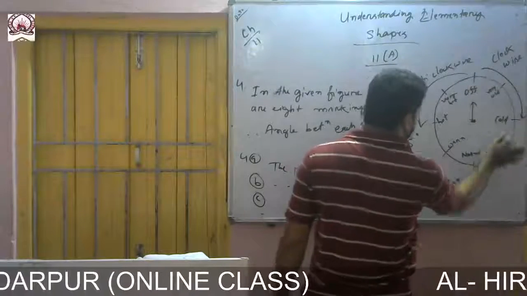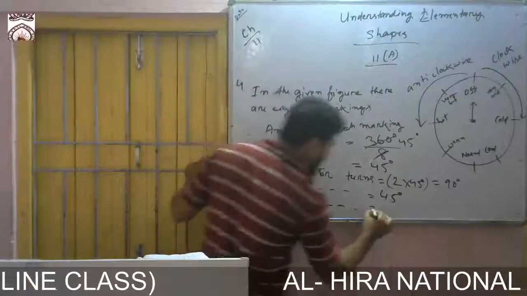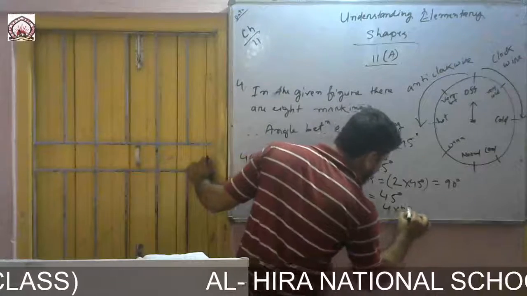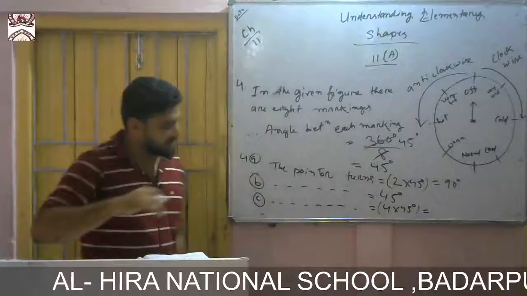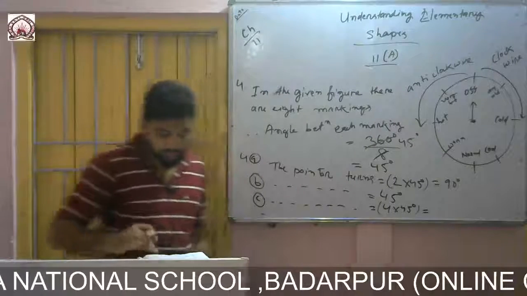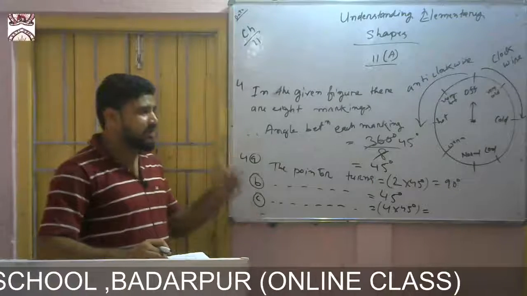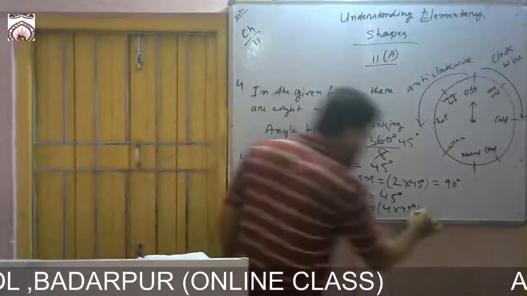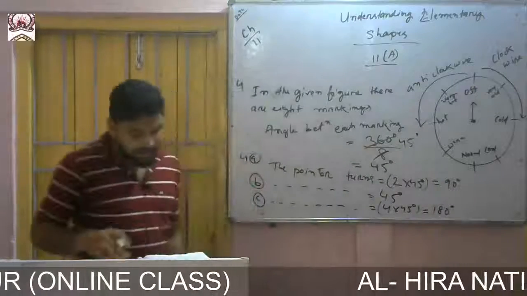That means C, the pointer turns 4 into 45 degrees. 4 into 45: 45, 45 is 90, and again 45, 90, it is 180 degrees. If you multiply, 180 degrees.